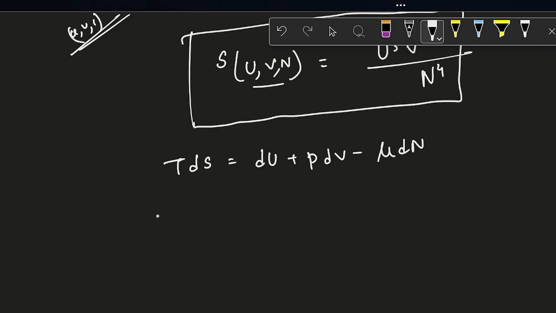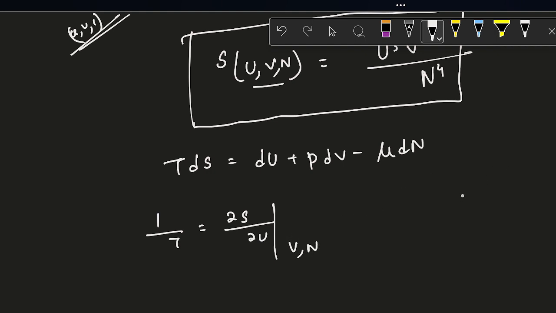So here you get that 1 by T is equal to del S by del U at V constant and N constant. That means when dV is 0 and dN is 0, then simply dU equals TdS. So you can just take 1 by T equal to del S by del U, the derivative with respect to U when V and N are constant.